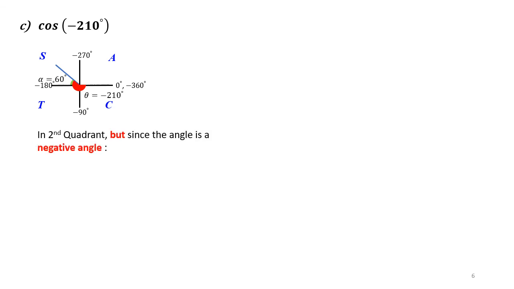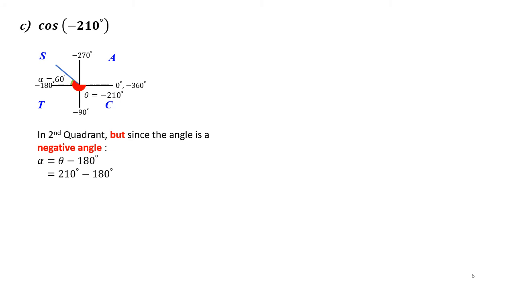Now let's take a look at example C. We are given cos of negative 210 degrees. So first we need to determine the position for negative 210 degrees. Since it is a negative angle, our angle theta will be in the second quadrant. And we know that in the second quadrant, to find the reference angle, we will use the formula alpha is equal to theta minus 180 degrees. And since our theta is a negative angle, we just take the value, not the sign.